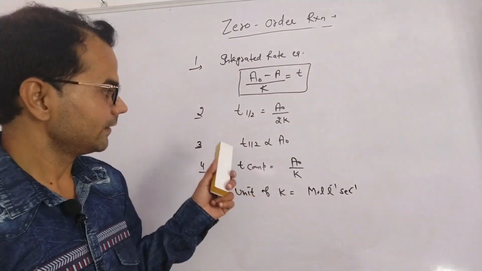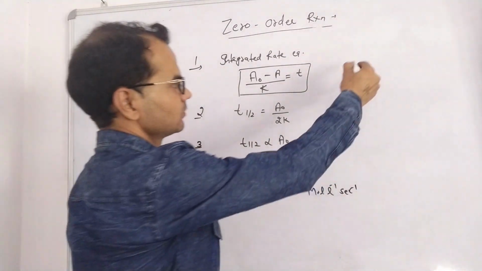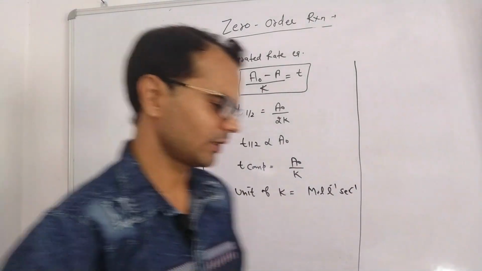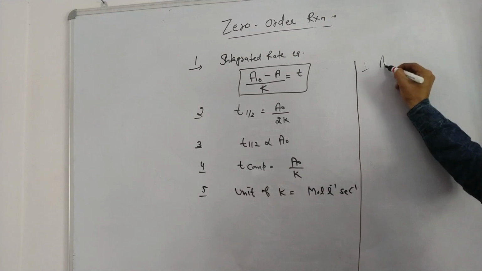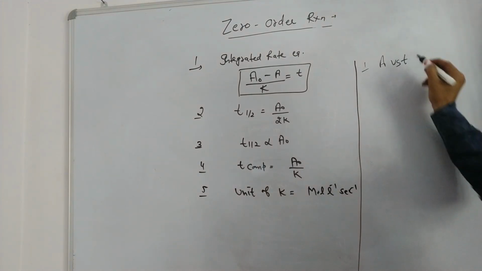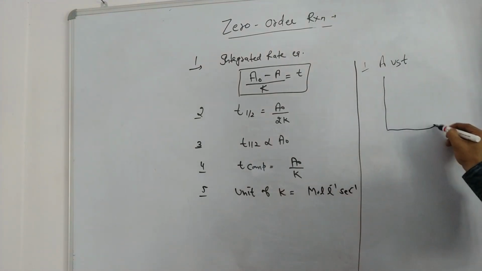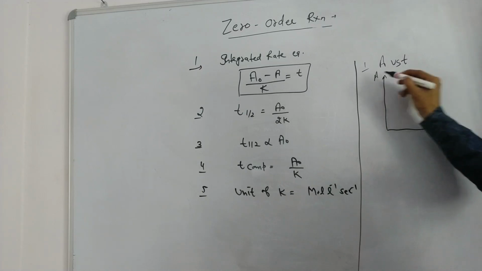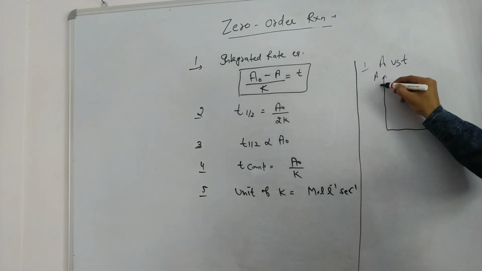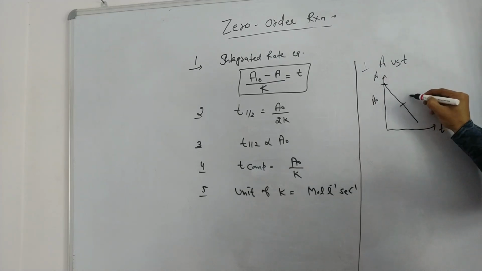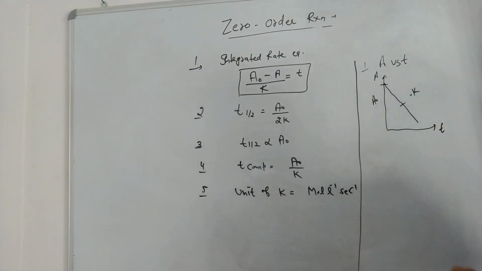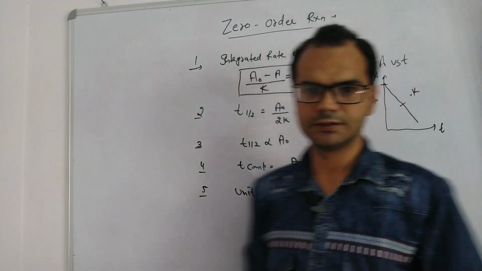Clear? And we can plot 3 graphs also. Graphs are, first is A versus T. Intercept is A naught, slope minus K. Easy.